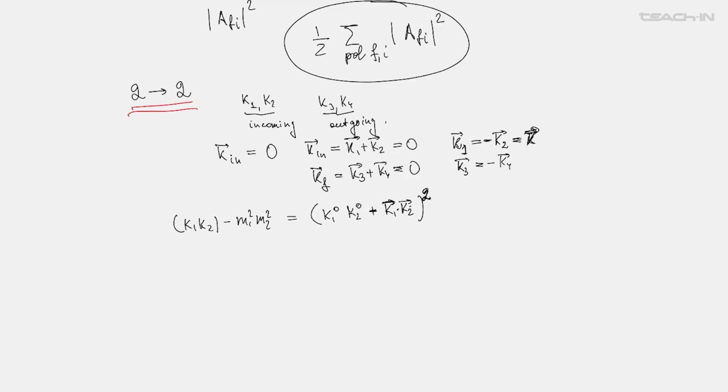So I get K1, K2 plus, let's do it slowly, plus Ki1, K2 i2.